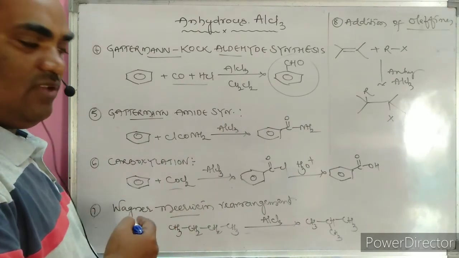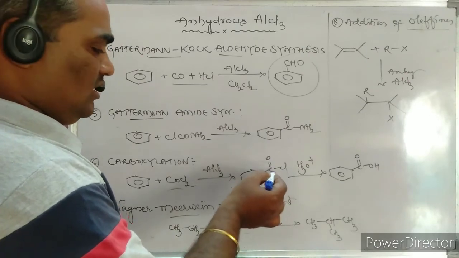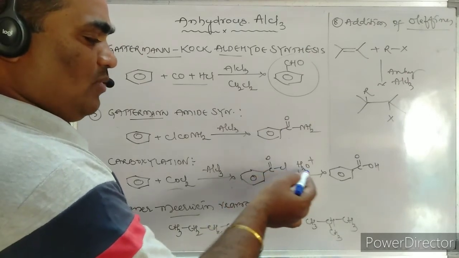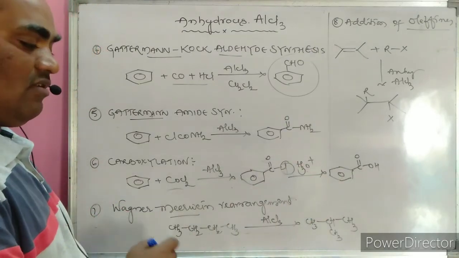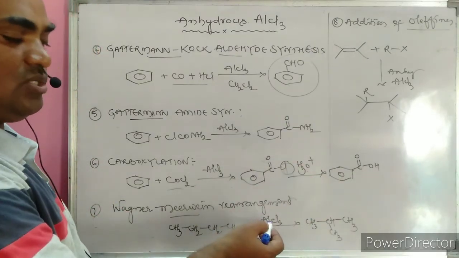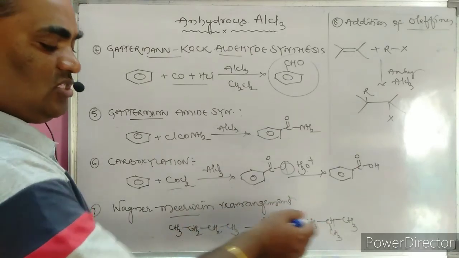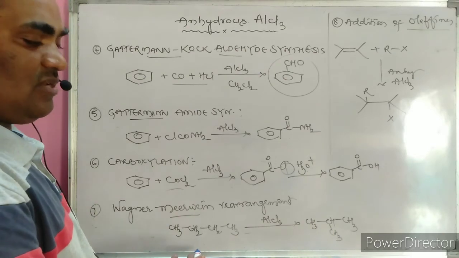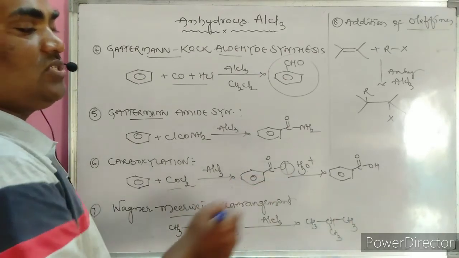Carboxylation: if phosgene is reacted, then C double bond OCl, and H3O plus hydrolysis is given, OCl is replaced by OH. Under Wagner-Meerwein rearrangement, a less stable carbonium ion forms a more stable one, like n-butane and isobutane, where isobutane is the more stable one.